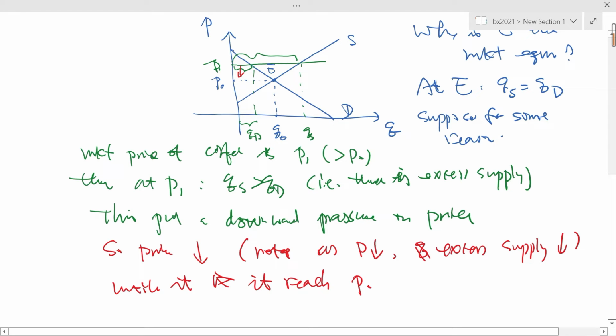Okay, so if we start from a market price higher than equilibrium price, then it naturally drops down to the equilibrium price.